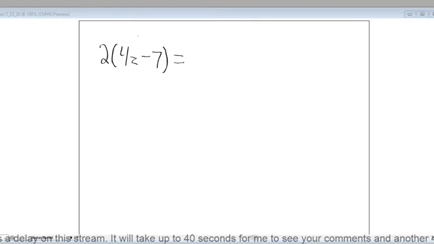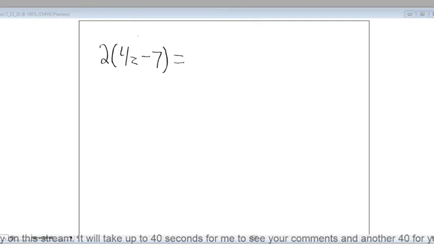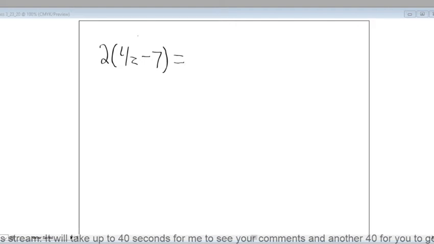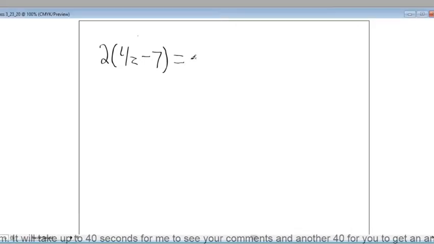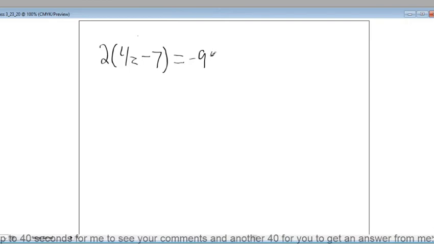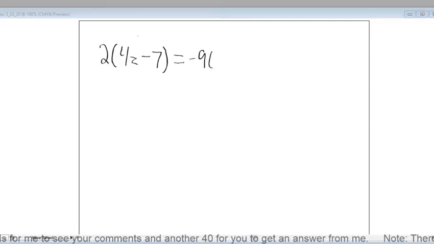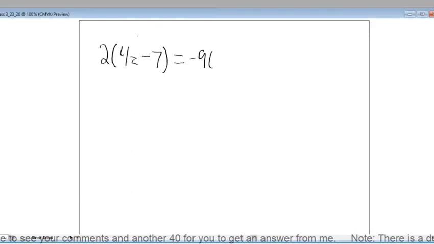Like I said, there are always 2 expressions that we're comparing to each other, and this other expression is going to be negative 9 times 5 minus z.